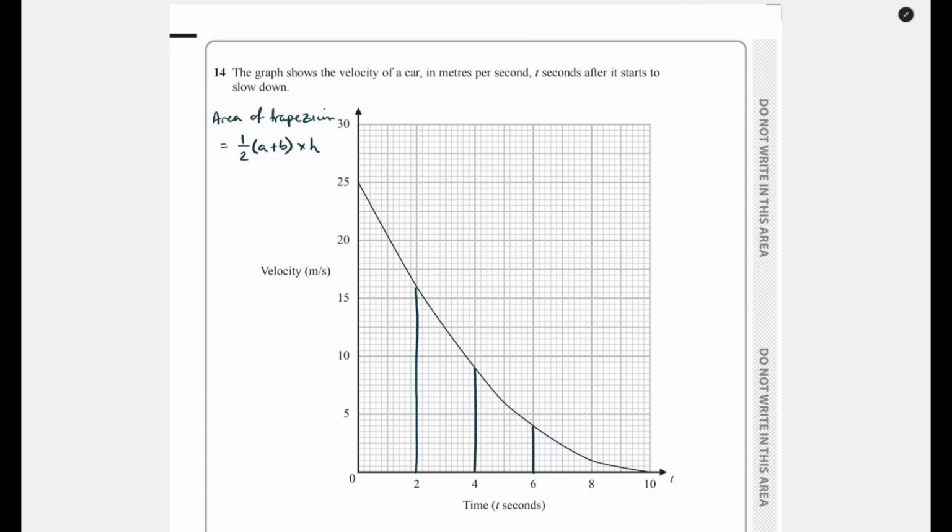So we need to work out the area here, we'll call this area 1, the area here, which is area 2, and the area here, which is area 3. This is going to be our first height, our second height, and our third height.